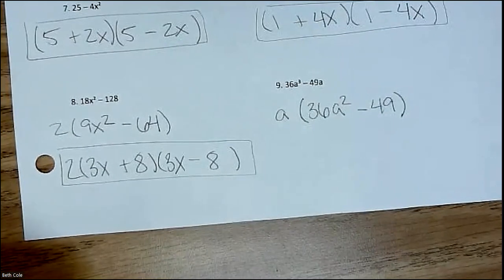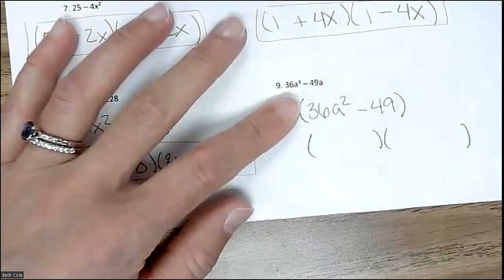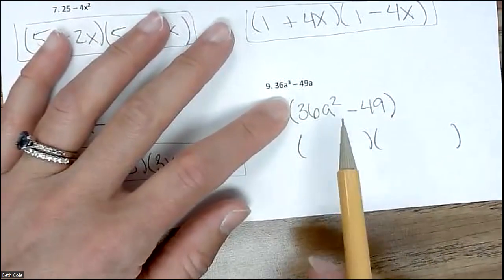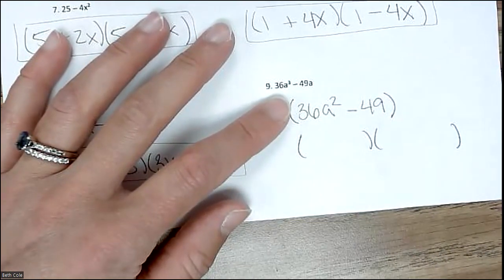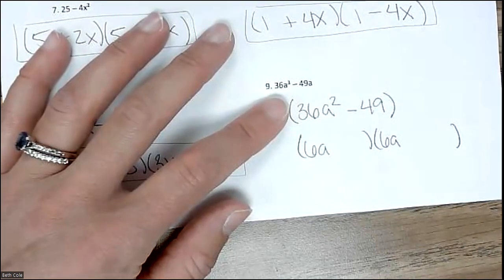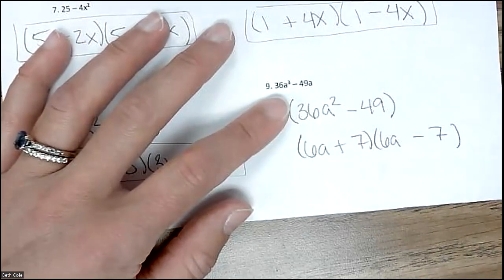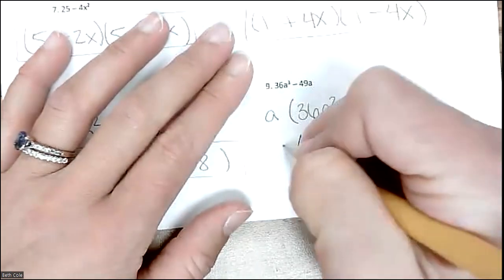So do you notice 36 and 49? Perfect squares. Again, I'm going to cover this up. Put your 2 sets of parentheses. What's your square root of 36? 6a plus 7 minus 7, and then put the A out front.